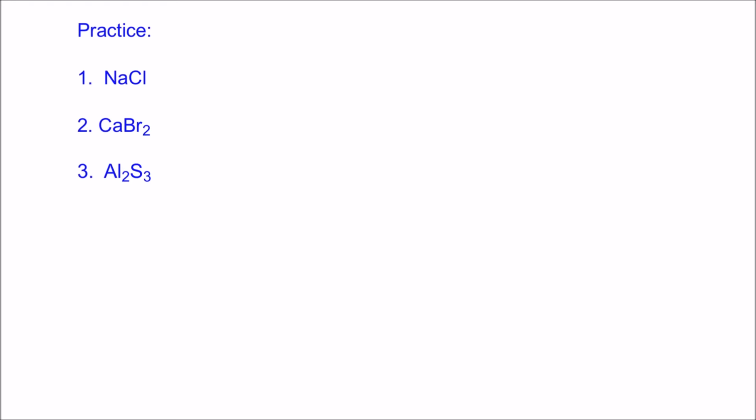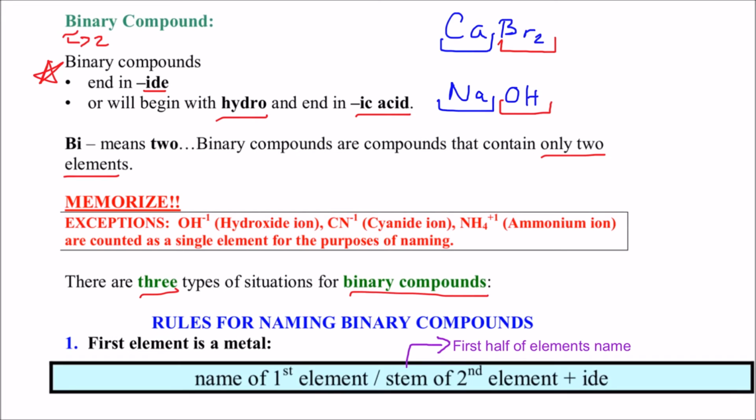So here's 3 quick problems that we can apply this rule to. First one up here. Is it binary? That is the first question you need to ask yourself. Yes, this is binary because there's only 2 types of elements there. The second question: is the first element a metal? The only rule we have so far is if the first element is a metal.